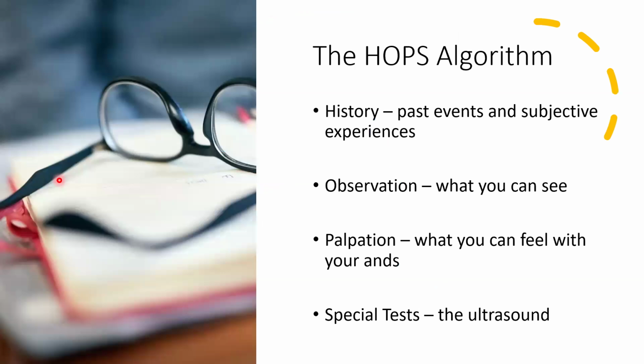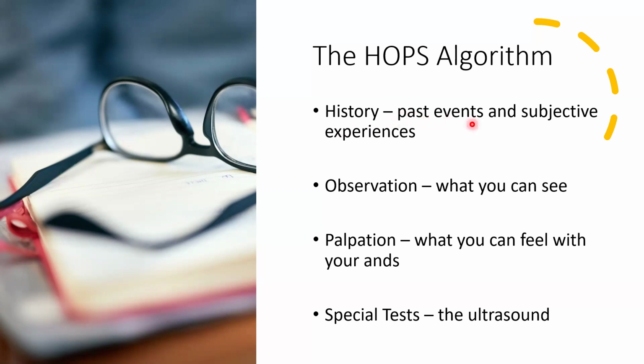Now, I personally am an exercise science professor. I am not really a trained medical professional, but I do a fair amount of probably unhealthy dabbling in assessing orthopedic injuries. And I've always used the HOPS algorithm, very common in athletic training. HOPS stands for history, observation, palpation, special tests.